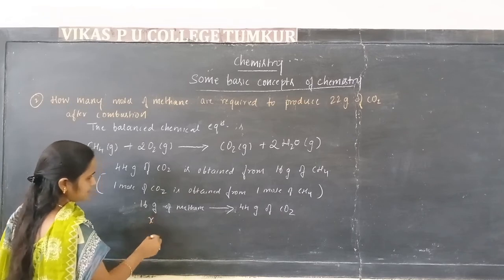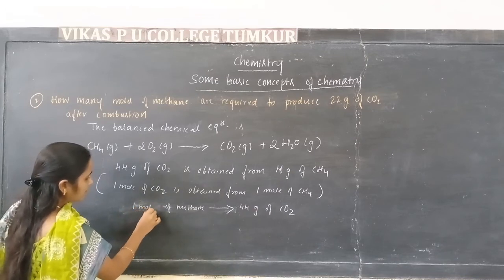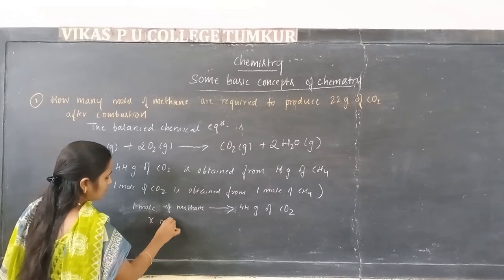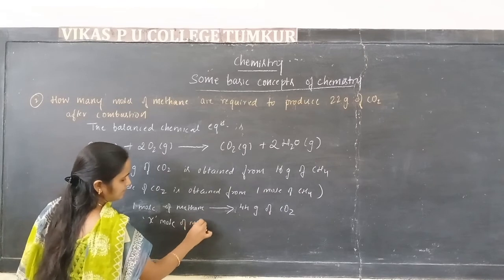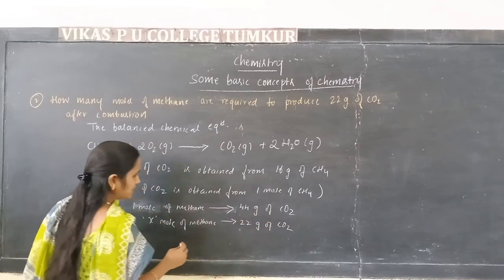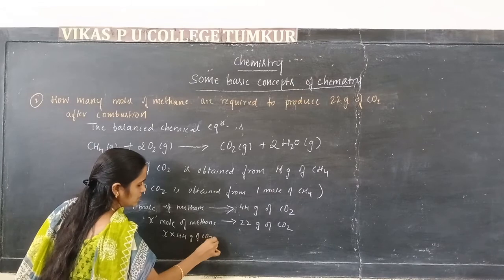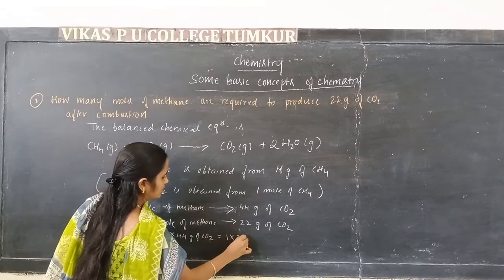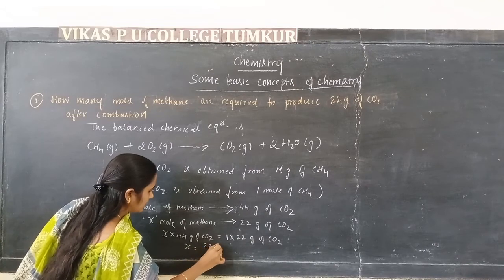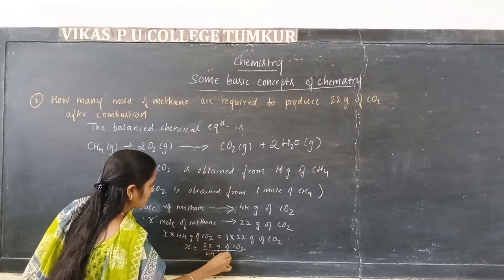Instead of 16 gram you can directly write 1 mole of methane produces 44 gram of CO2, then x mole of methane gives rise to 22 gram of CO2. Cross multiplying, x into 44 gram of CO2 is equal to 1 into 22 gram of CO2, so x is equal to 22 gram of CO2 divided by 44 gram of CO2.